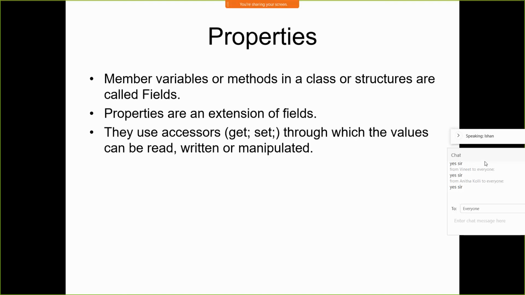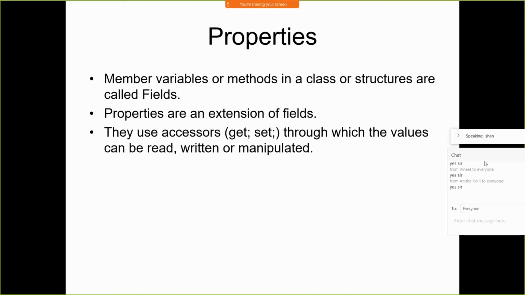Properties are actually an extension of fields, or you can say an extension of your variable. Sometimes you need to expose your variable up to a certain limit only, or you need to restrict your variable from being changed or modified.